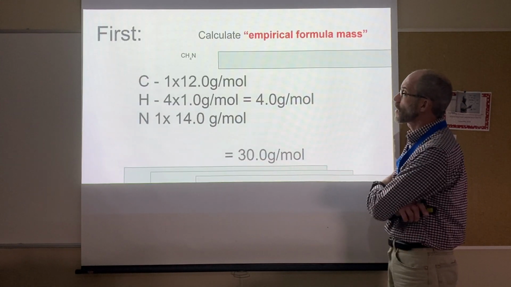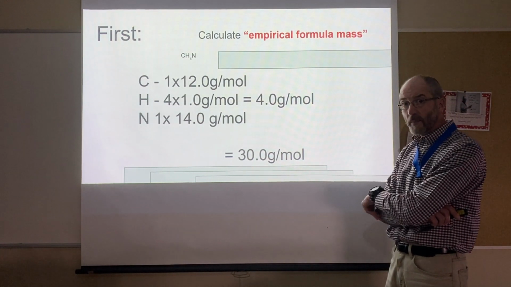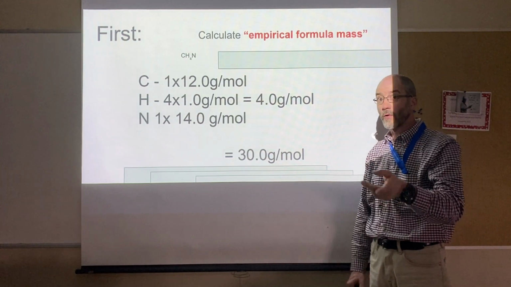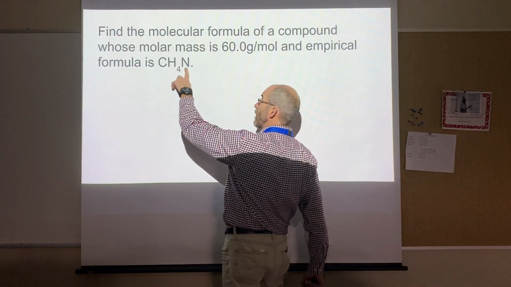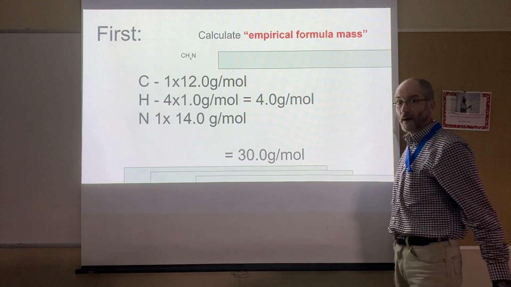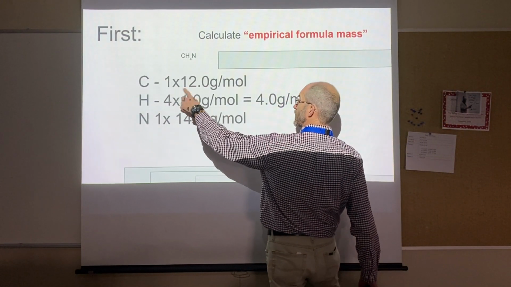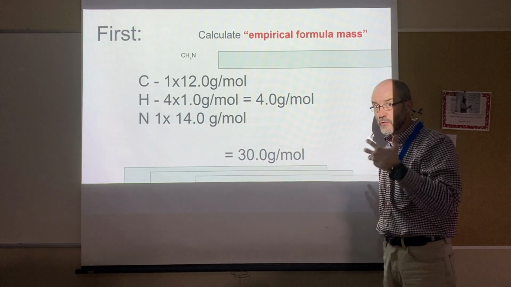You're going to start by calculating the empirical formula mass. In the problem, you were told that it was CH4N. So you're going to go to your periodic table and do your math: 1 times 12, 4 times 1, and 1 times 14. This is stuff that you already know how to do.